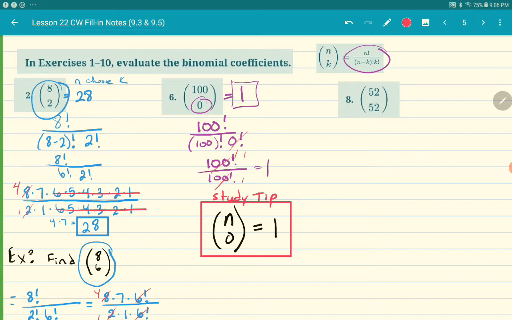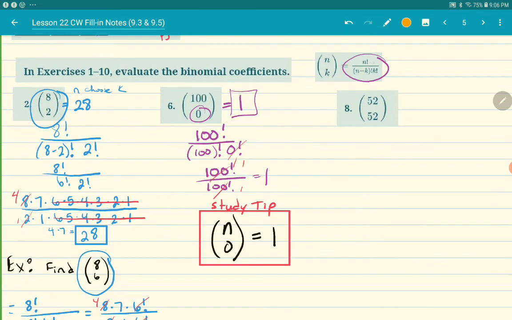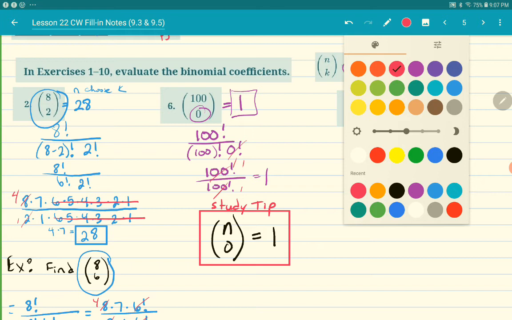Okay. Now let's go to 8. So again, we can use a formula or we can think if it's easy to figure out. All right, our formula says n factorial, which is 52 factorial, n minus k, well, 52 minus 52 is 0, so that's 0 factorial, and then k factorial, so that's 52 factorial. Well, my 0 factorial is 1, and then I have 52 factorial over 52 factorial, which cancels, and that gives me 1.